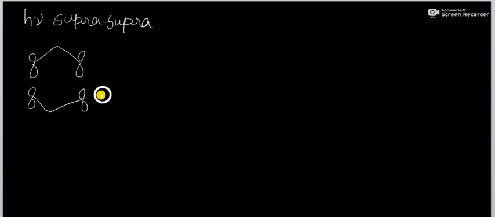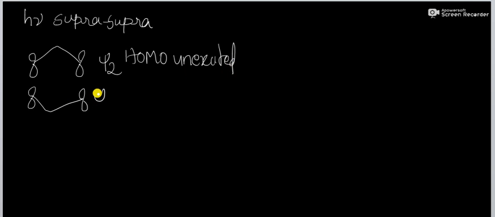HOMO of excited means psi 3 is the HOMO of excited, and HOMO of unexcited will be psi 2. Psi 2 is HOMO of unexcited. Here we have to consider HOMO of excited. Psi 3 is the HOMO of excited.